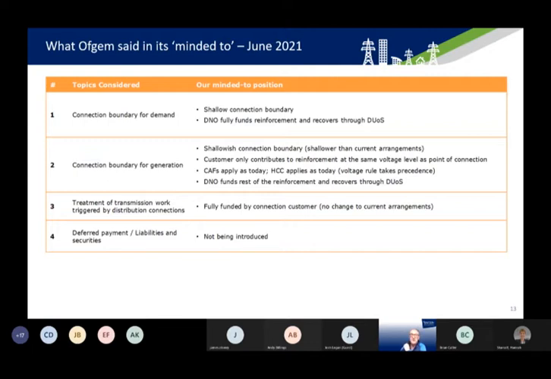But that's part of these examples that we're trying to flush out, and we're doing some work with the other DNOs, trying to think of all the test cases and examples to get clarity from Ofgem. So that's a useful one that we can put in the mix to consider and walk through with Ofgem, to make sure their intention is actually factored into the final decisions, and how that gets written into the charging methodology.